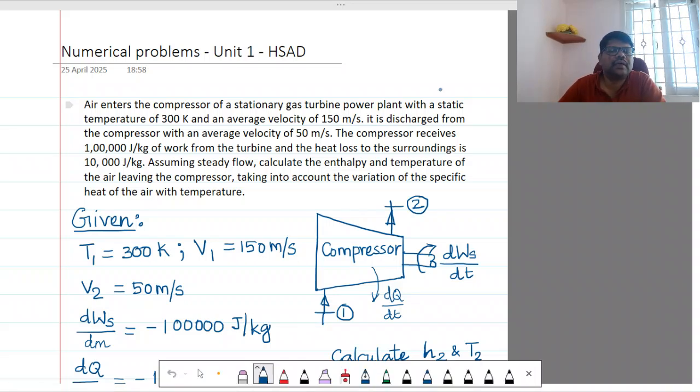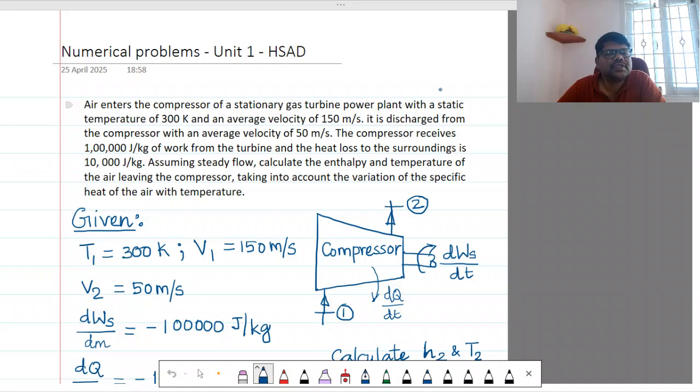Air enters the compressor of a stationary gas turbine power plant with a static temperature of 300 Kelvin and an average velocity of 150 meter per second. It is discharged from the compressor with an average velocity of 50 meter per second.